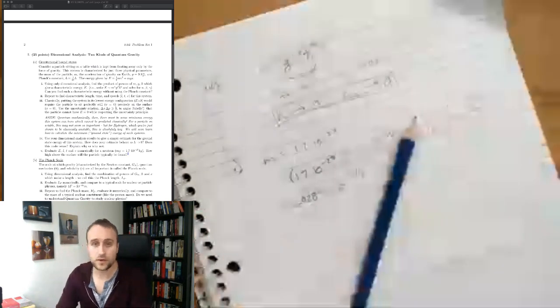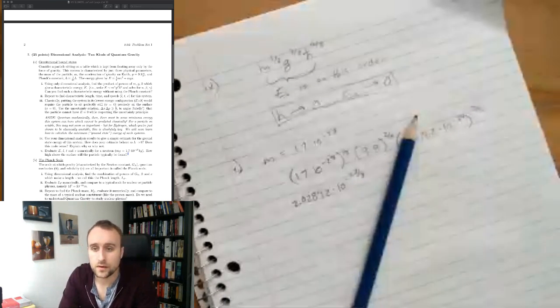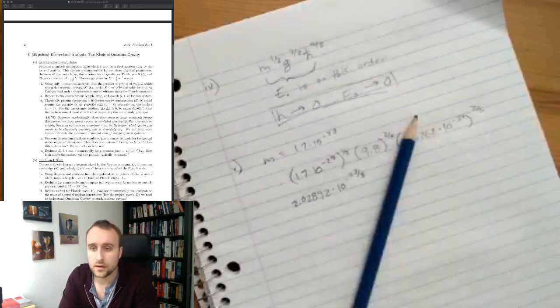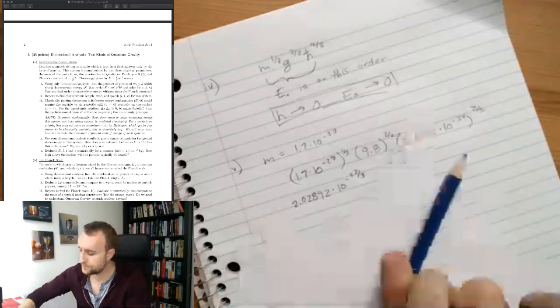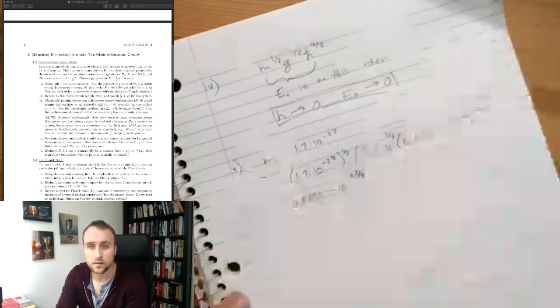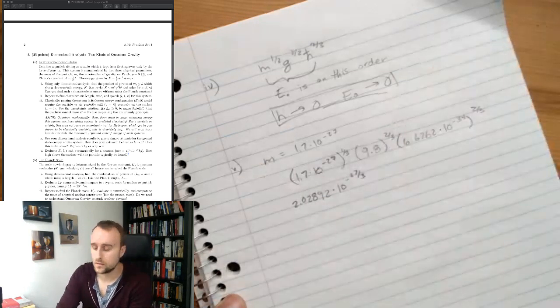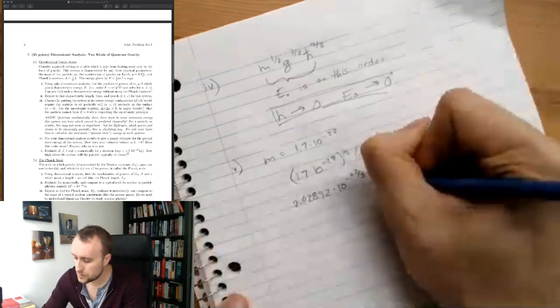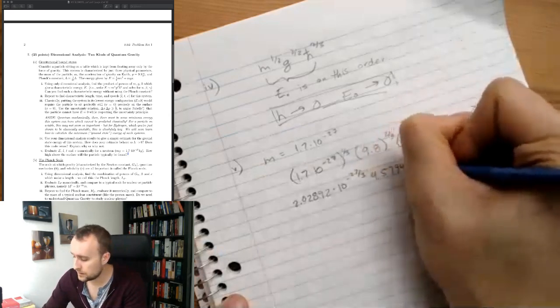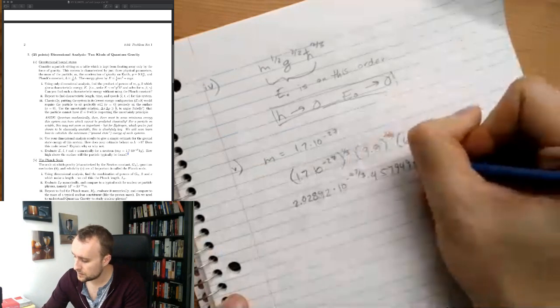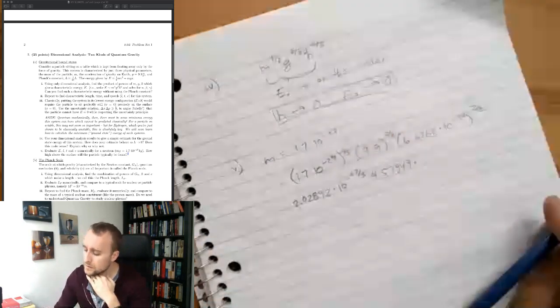And then 9.8 to the power of 2/3 is 4.57949.